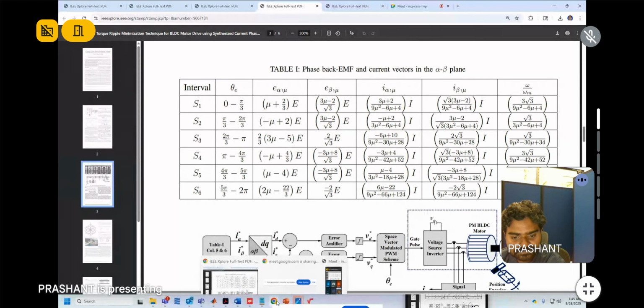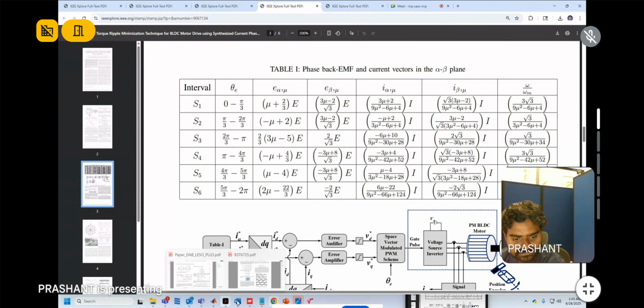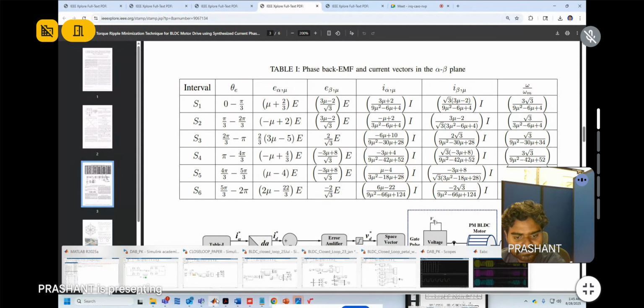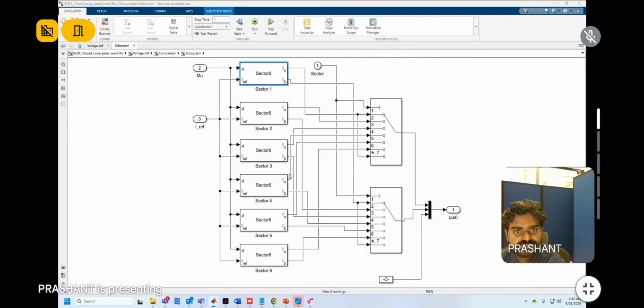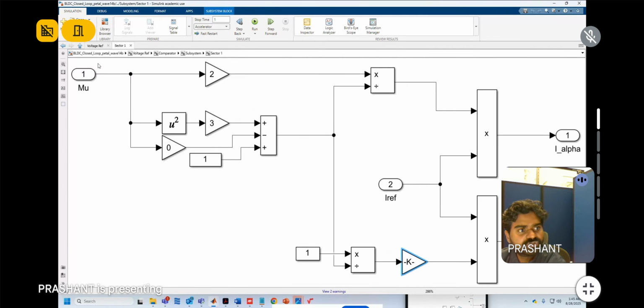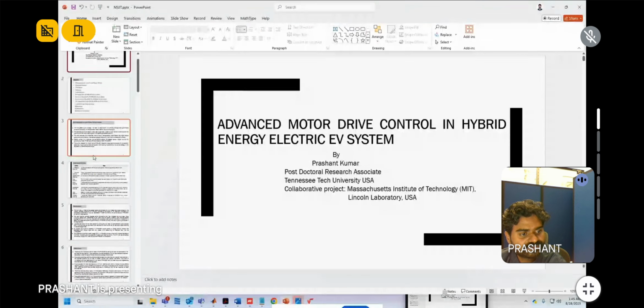And coming to Matlab, suppose I am coming to this sector 1, and in the PPT I have written it, at least for one sector.